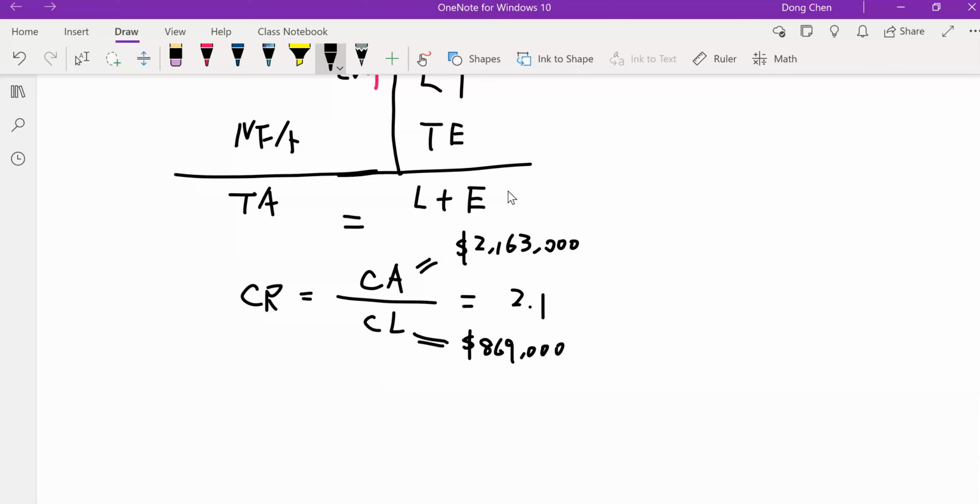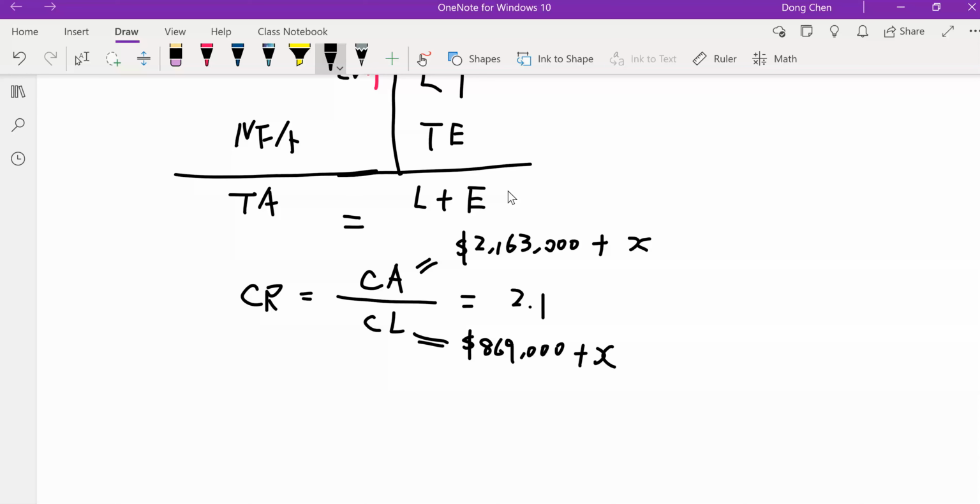Then we want to increase the inventory, hence increase the current assets. So let's say the inventory we want to increase is X, some unknown amount. At the same time, if we increase the inventory by X, then as we just discussed, the current liabilities will also increase by X.